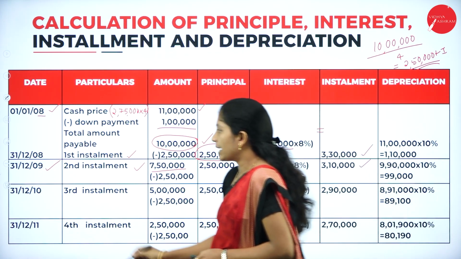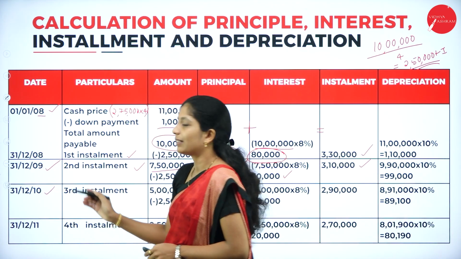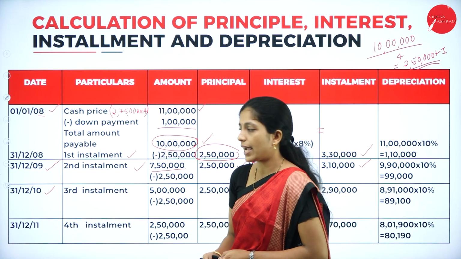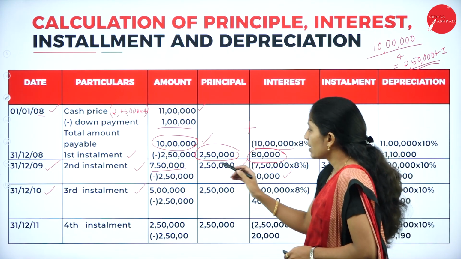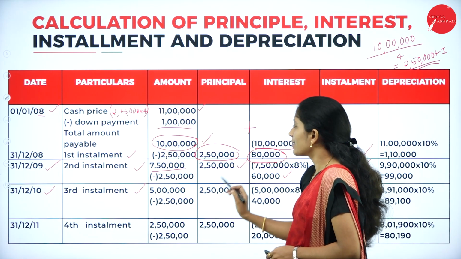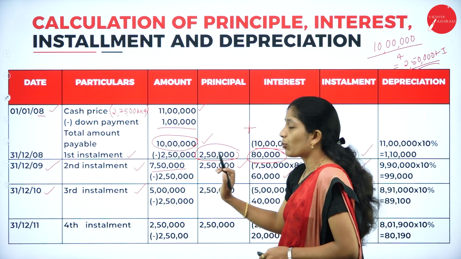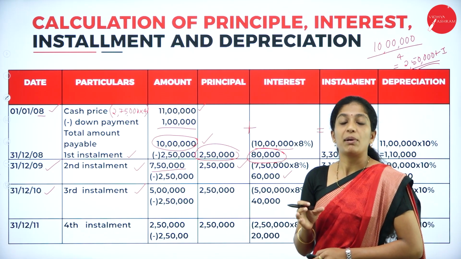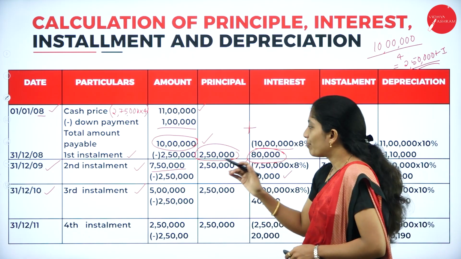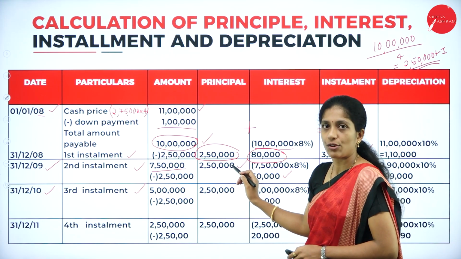Now come to the third year. The third installment is payable on 31st December 2010. Now what you have to do? We have to minus. For the third year, what is the amount remaining? For the second year, the amount payable was 7,50,000, minus we have paid 2,50,000, right?